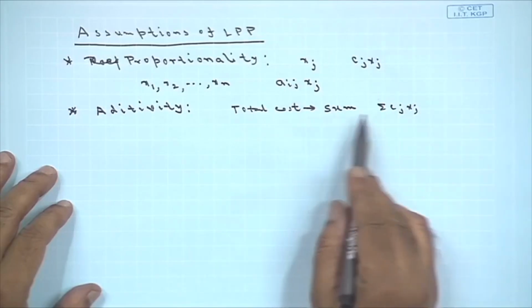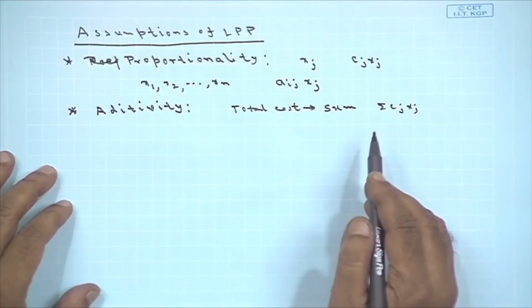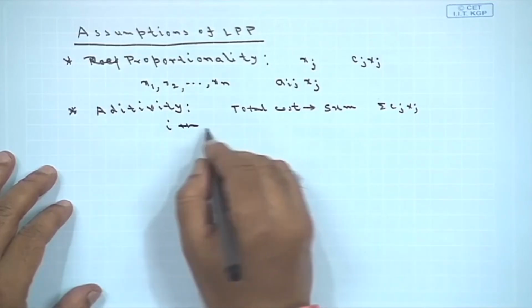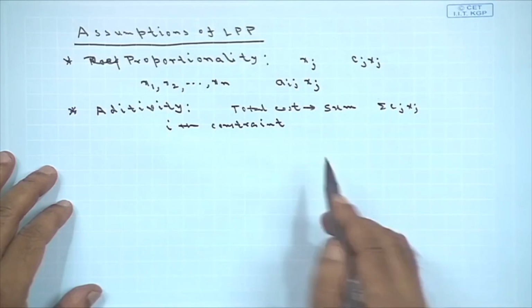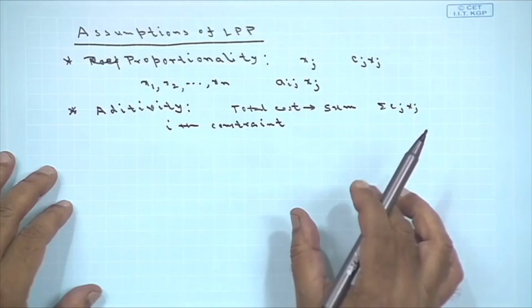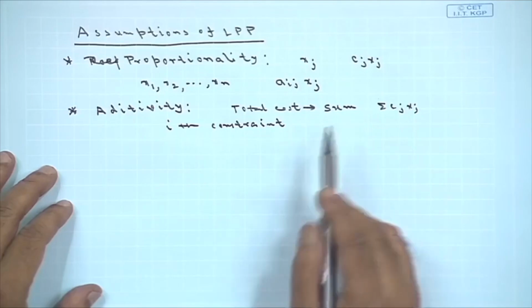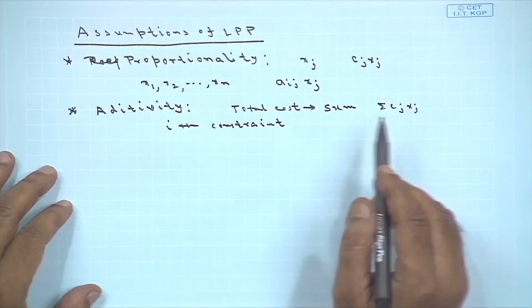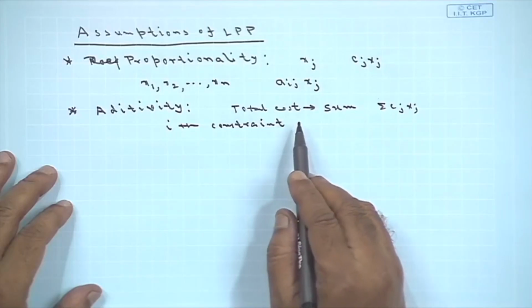In the same way, if you think about the ith constraint or restriction, the total contribution of the ith constraint is equal to the sum of the individual contributions of the activities xj.